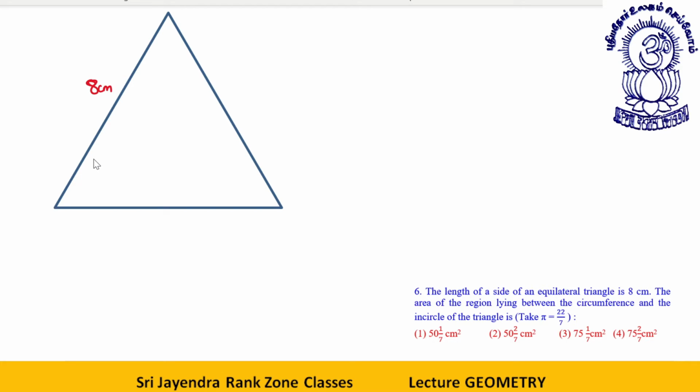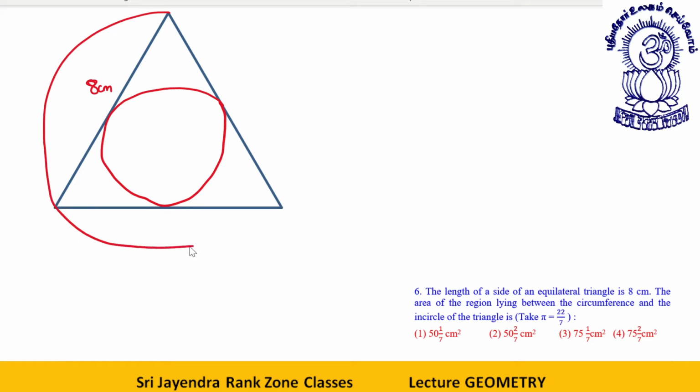The area of the region lying between the circumcircle and the incircle of the triangle is, what does it mean? It means suppose I draw a circle over the triangle like this, this is the circumcircle.